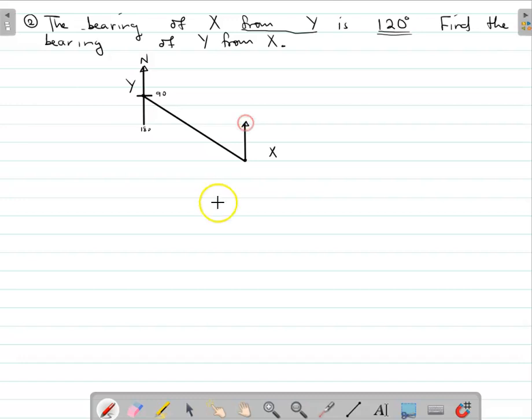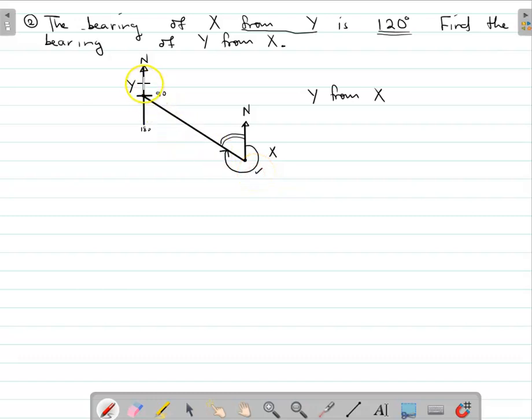Now the bearing of y from x, we are measuring from the north of x going in a clockwise sense. So we want this whole angle, and once we find this other angle, we can subtract it from 360 and we will find our bearing.